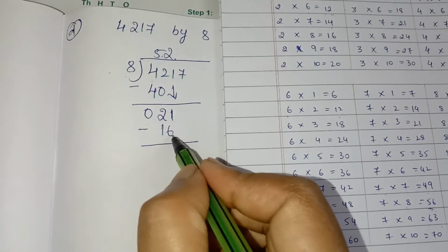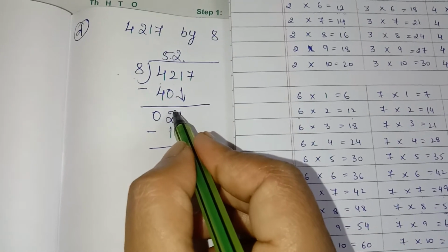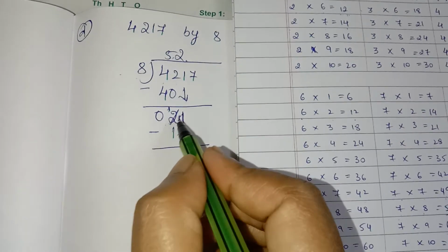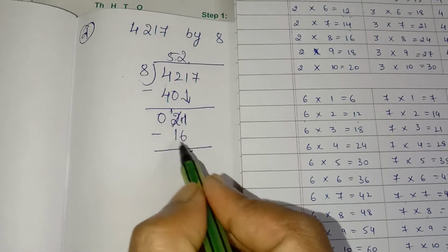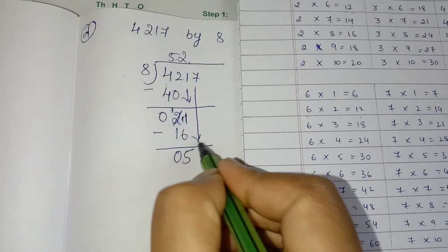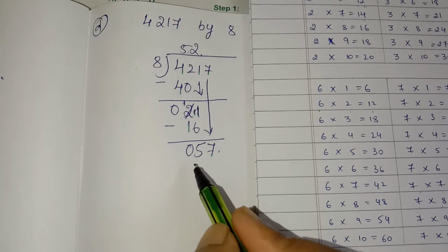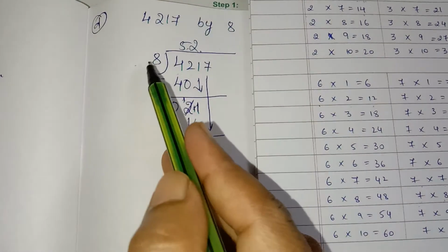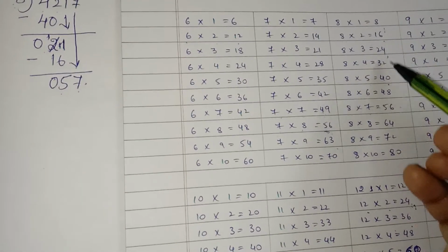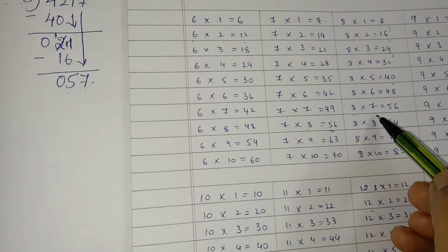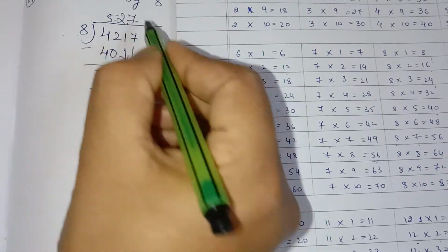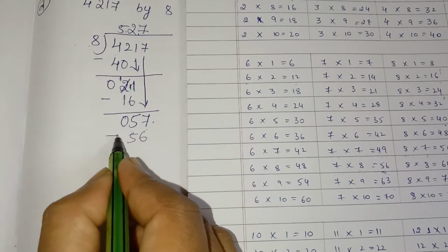1 minus 6 is not possible. Take a borrow from 2. 2 becomes 1 and this 1 becomes 11. Now 11 minus 6 is 5. 1 minus 1 is 0. Then take 7 down. Here divide 57 by 8. Now recall the table of 8. 8 sevens are 56.